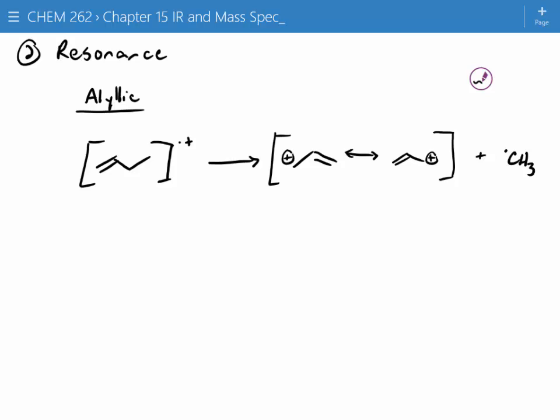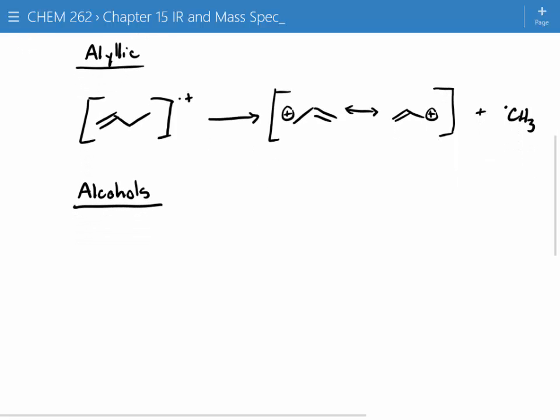The next one that shows up really well are alcohols. So if we think about an alcohol, I'm going to draw it in a very special way. When we bombard this alcohol with electrons, the first electrons to get dislodged aren't bonding electrons, they're actually lone pair electrons.